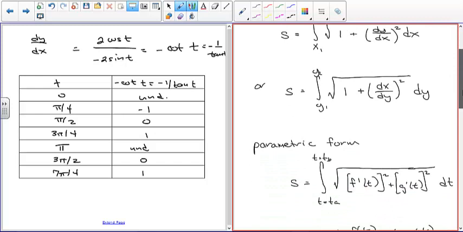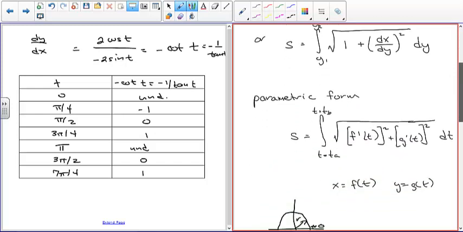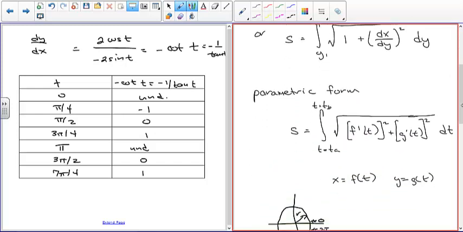The parametric form looks like this. So you integrate from t at the beginning to t at the end, and you take the square root of the derivative of f of t squared plus the derivative of g of t squared. f of t is your x coordinate, so this is the parametric equation for x in terms of t, and g of t is the y coordinate of the path as a function of t.